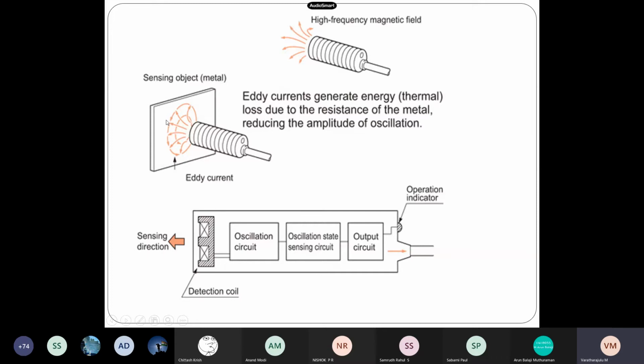It definitely will affect the magnetic field. The eddy current generates energy loss due to the resistance of the metal, which reduces the amplitude of oscillation. Based on that, we will identify the signals.